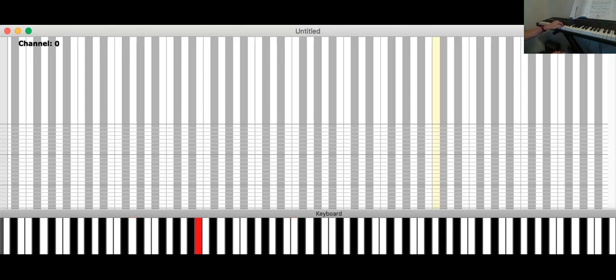Two, actually this is G number 3, G number 4, G number 5, G number 6, G number 7.